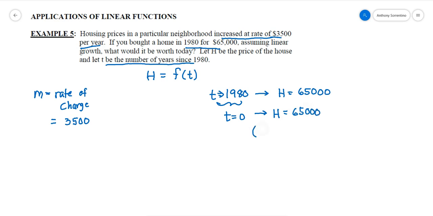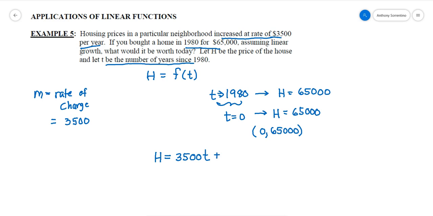So it's basically telling us we have an ordered pair of (0, 65,000). This would be basically my Y intercept, or in this case my H intercept. So basically, the formula I'm looking for is 3,500T plus 65,000.